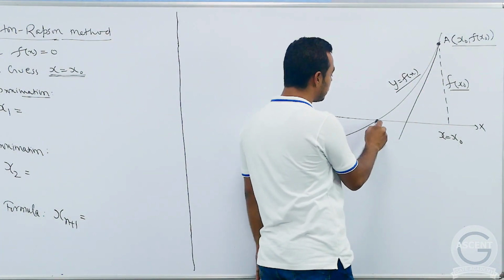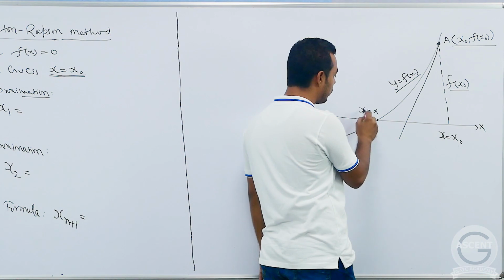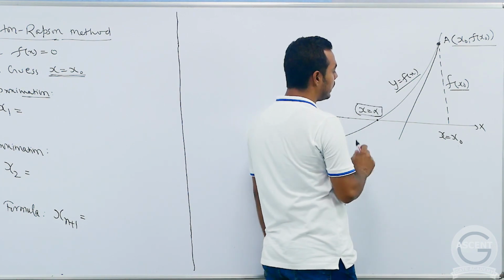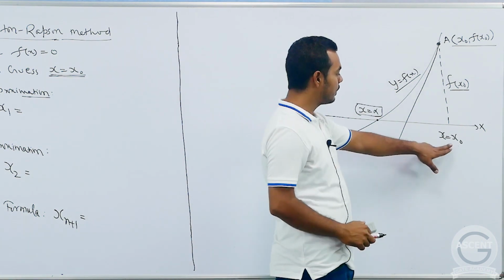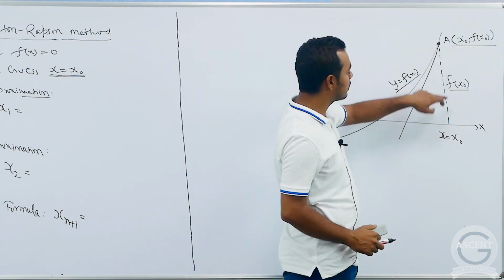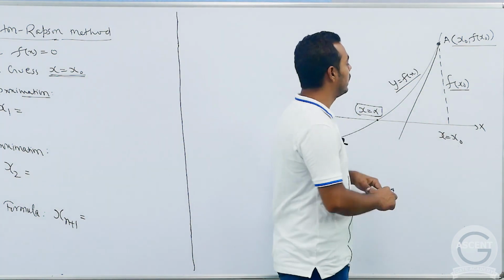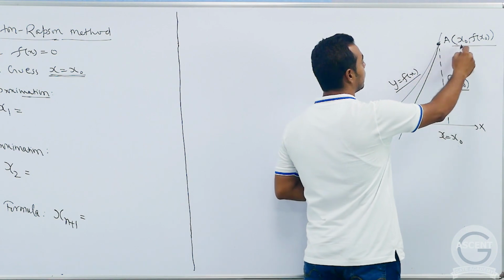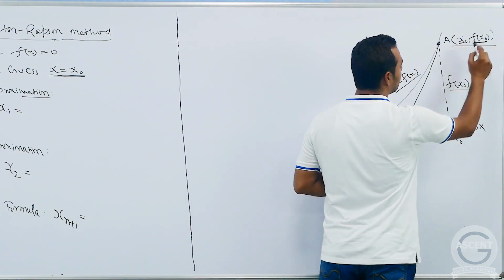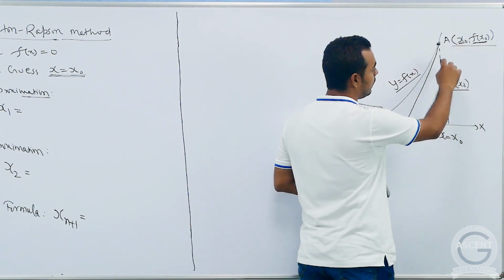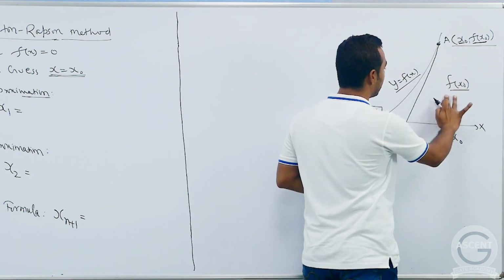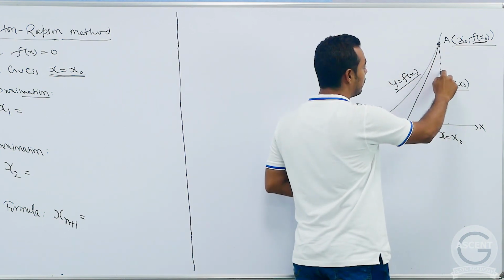The point where the graph is crossing the x-axis is the actual root alpha. This is the first approximation x0. Approximately we are saying that this is the root, and the corresponding point on the curve is x0 and the value of y is f(x0). This height will be f(x0).